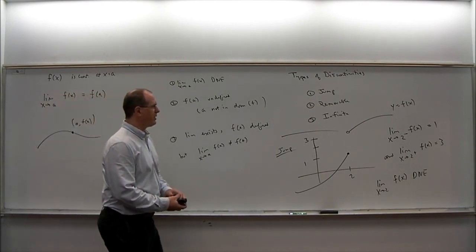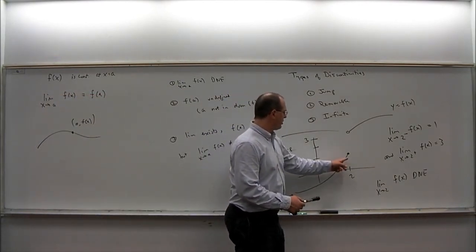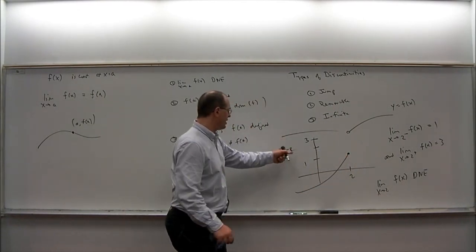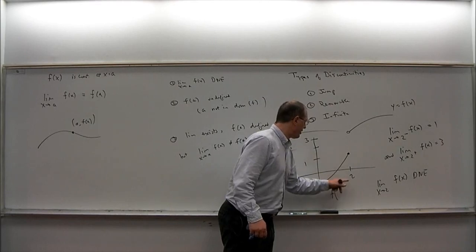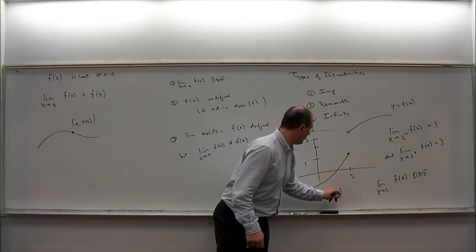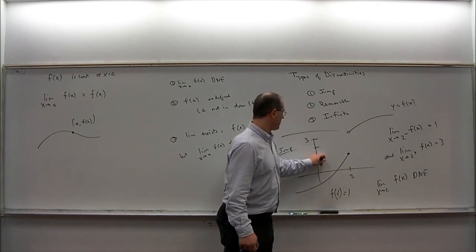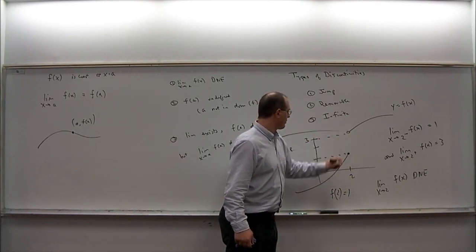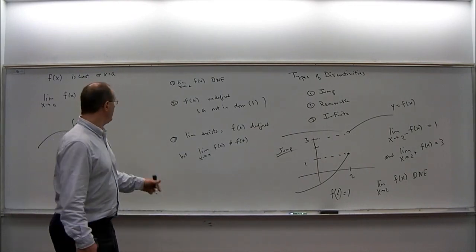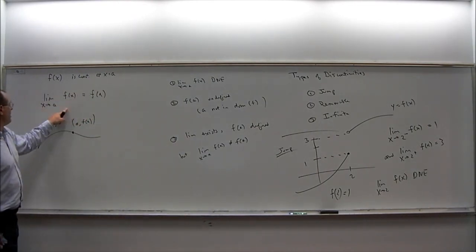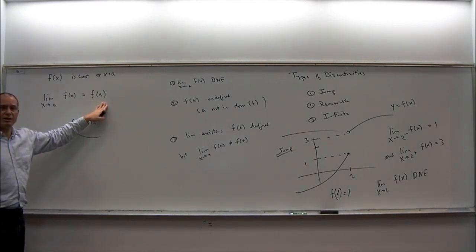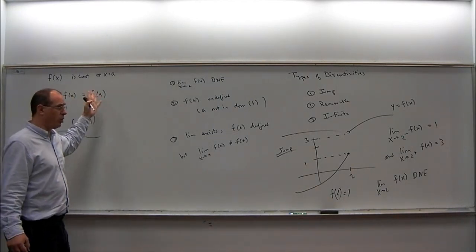One other remark about this. In this particular picture, I put a closed dot right there, so that means f of 2 was equal to 1. But that never came into play. Since the limit did not exist, we didn't even have to worry about what the function value was, or even if there was one.